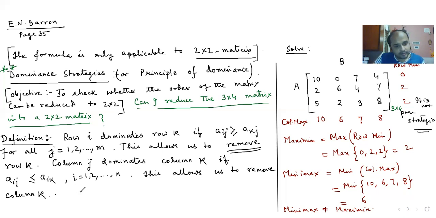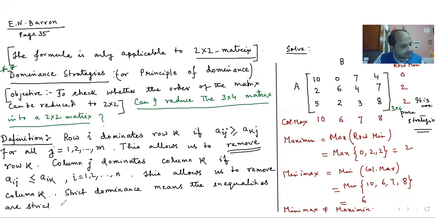Strict dominance means the inequalities are strict in at least one pair in a row or a column.